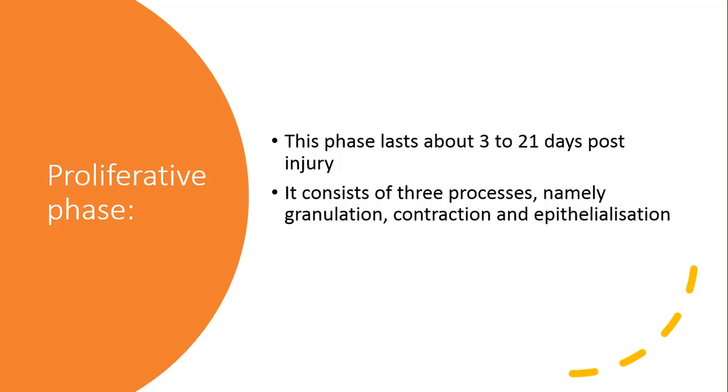So then the proliferative phase lasts about 3 to 21 days post-injury. And this consists of 3 processes, namely granulation, contraction, and epithelialization.